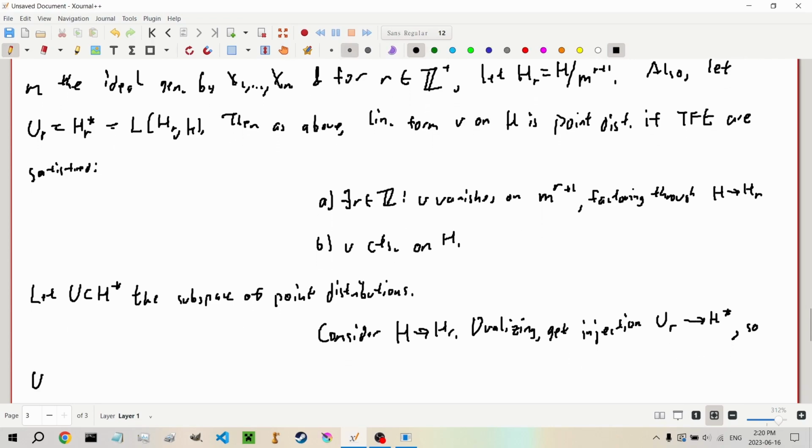So U may be identified with the union of the images of the U_r.